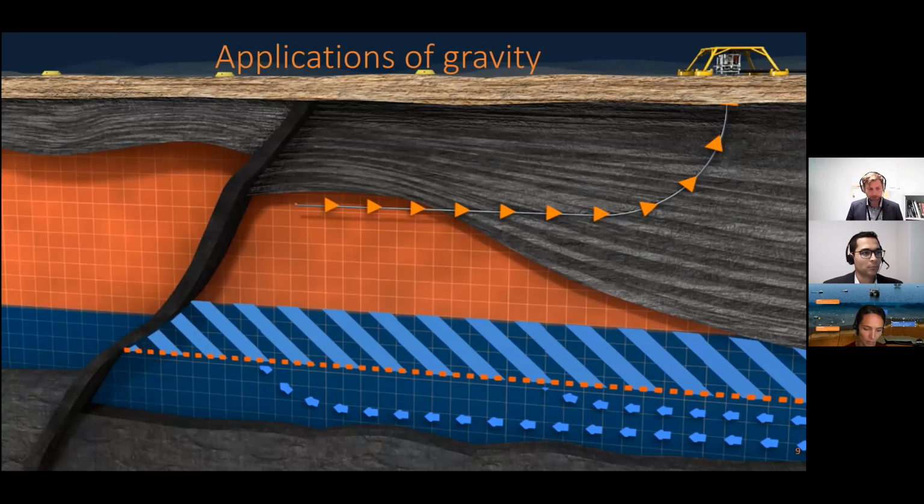Then, after a couple of years, we have water from the surrounding aquifer that is starting to enter into the reservoir zone. Water has a higher density than gas, and this means that we are evolving a positive gravity change in the reservoir zone.